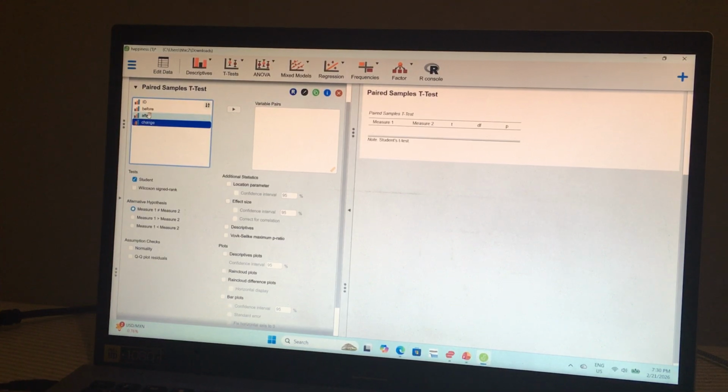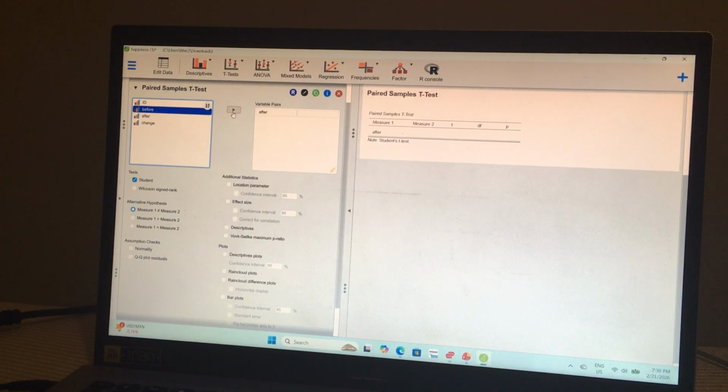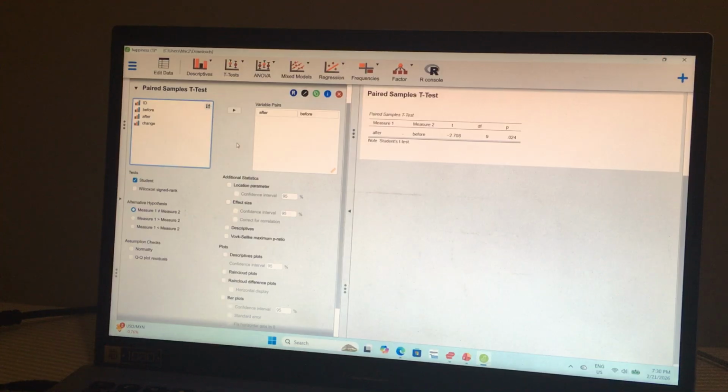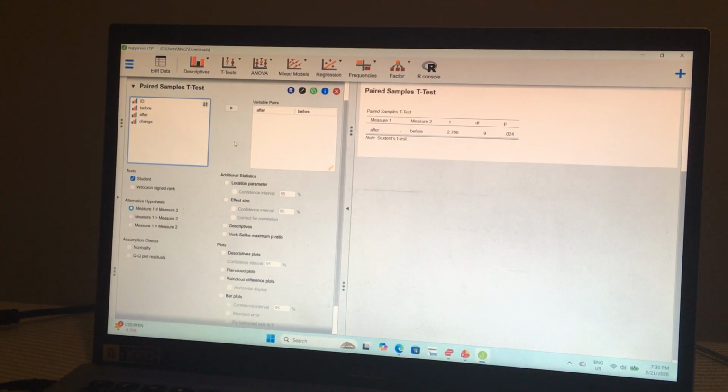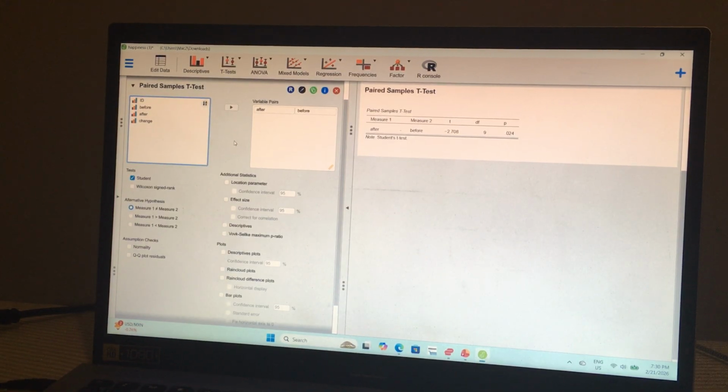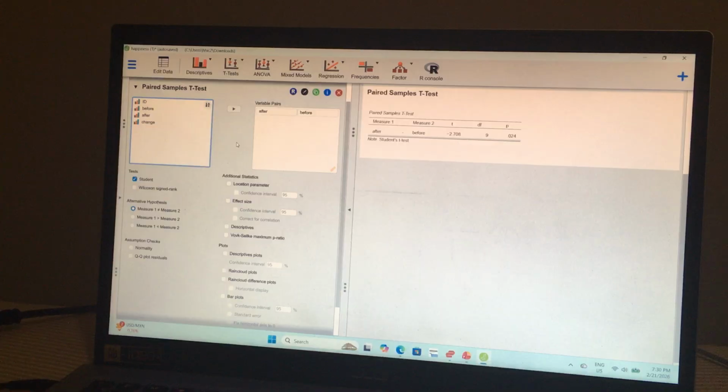So I'm sorry, we're going to do after, move that, and before, and we're going to move that, which we were playing around with this type of data earlier. So we move those over to the variables box, and then we go under test, and we uncheck the box which defaults to student, and we check the Wilcoxon-Signed rank test.